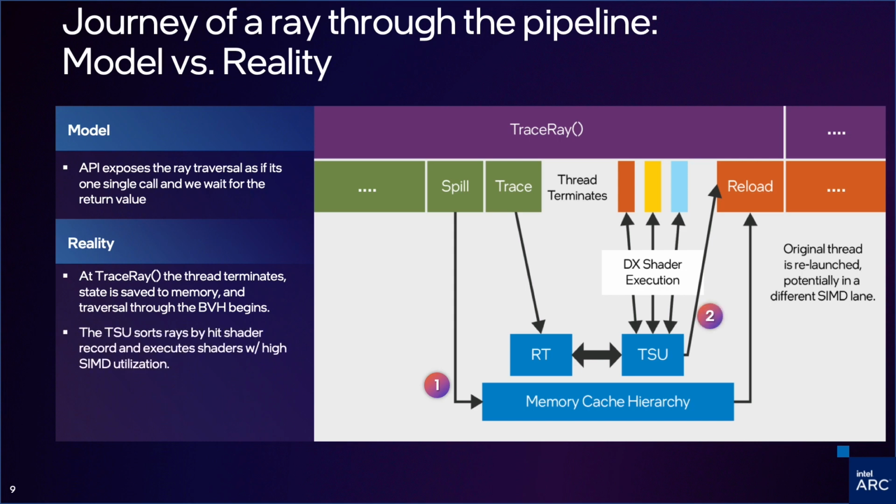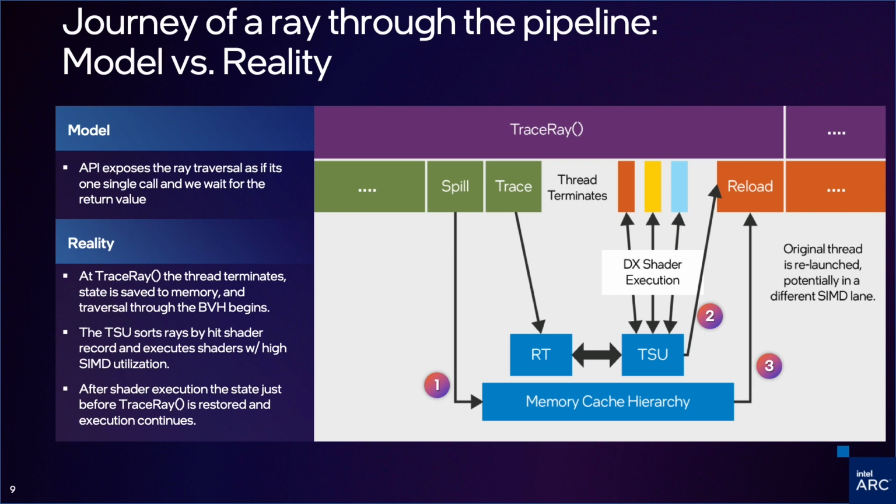Then the thread sorting unit is going to be called and execute those shaders. Whenever we have intersections, it repacks them and executes those functional units again. And you see that in the orange, yellow, and blue boxes, where the thread sorting unit has effectively repacked or resorted the rays and is executing them back on the vector engines. And then finally, we're going to reload after trace ray and continue on with execution.